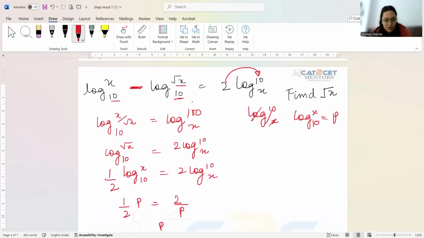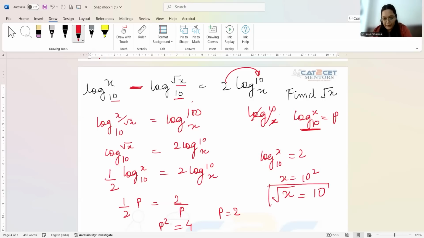So when you cross multiply it, p square will become 4, so p will become 2. Now yes, I know p square is 4, so p will be plus minus 2, but we supposed log x to the base 10 is equal to p, and the log value is always positive. So hence log of x to the base 10 is equal to 2, x is equal to 10 square, so under root x will be how much? Nothing but 10. Clear? I hope this question was clear.